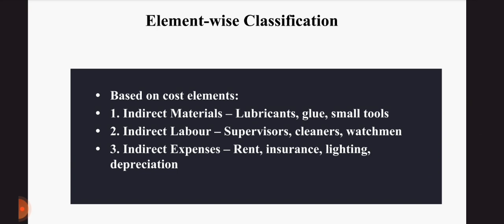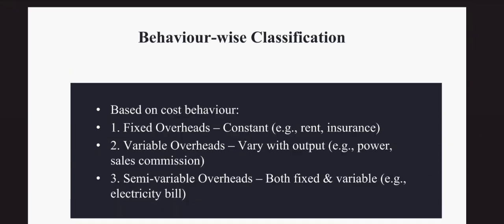It is workers who assist but do not directly produce goods. For example, supervisors, watchmen, cleaners, etc. Third is indirect expenses. All other overheads, for example, rent, insurance, lighting, depreciation, etc.